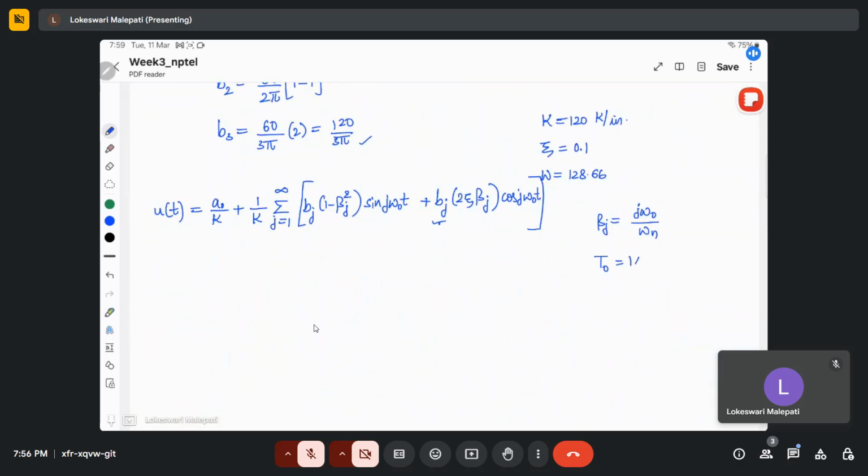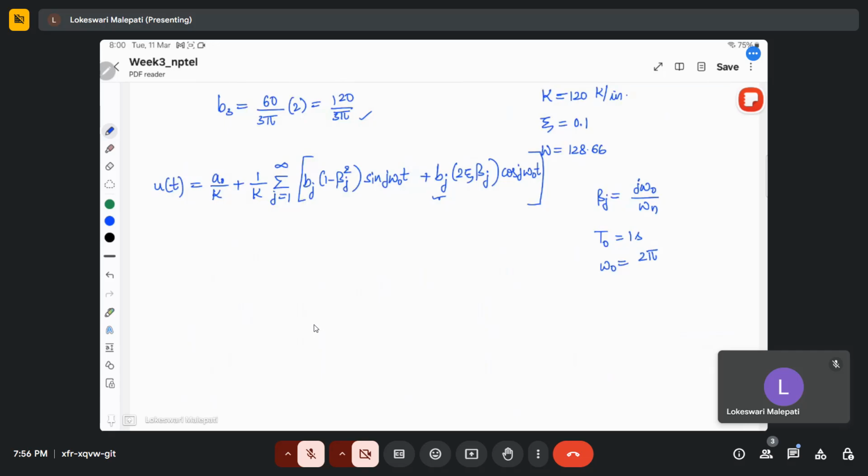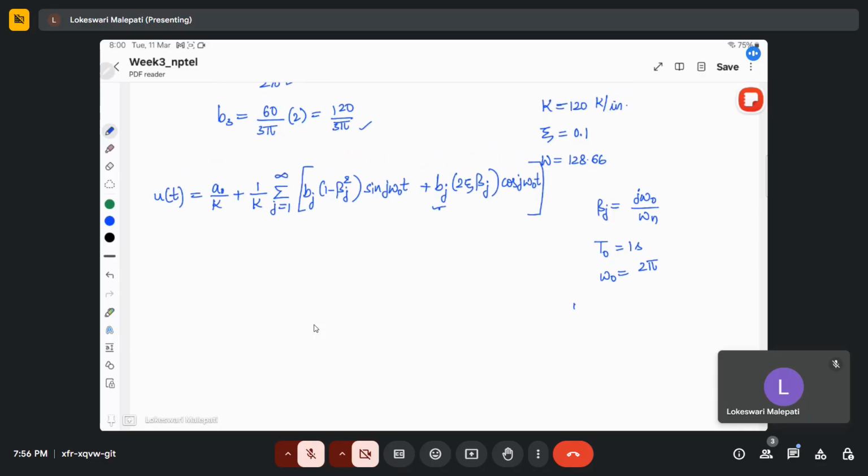T naught is 1 second, which means omega naught is equal to 2 pi. And omega n is equal to the square root of 120 by 128.66 multiplied by 386. So this will be equal to 18.97 radians per second.